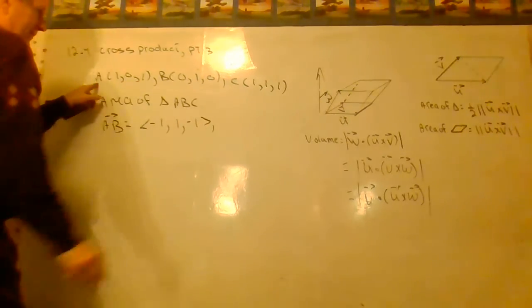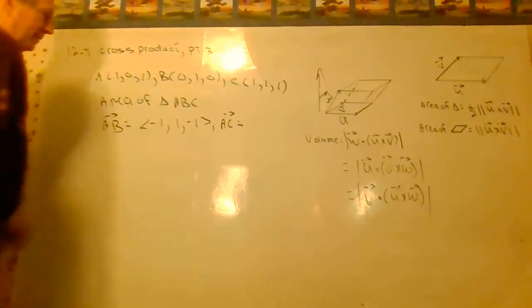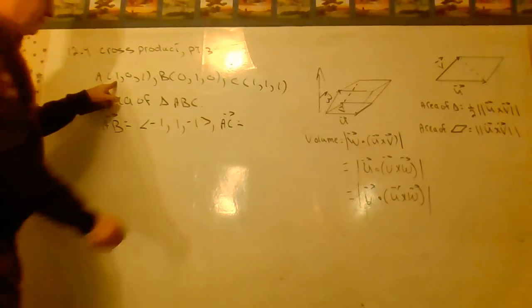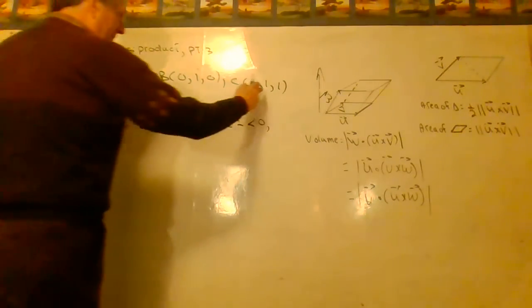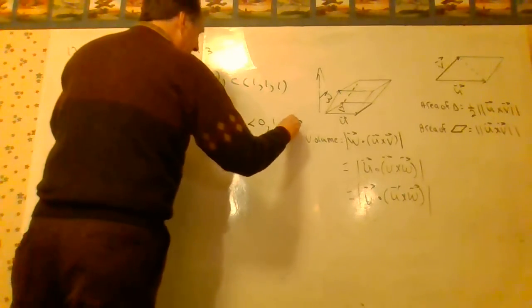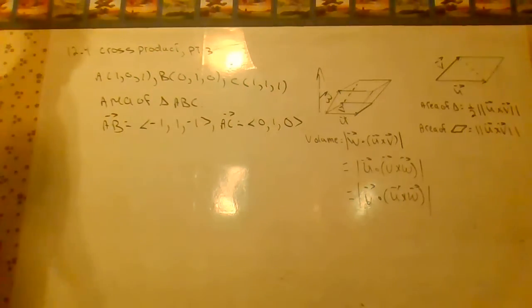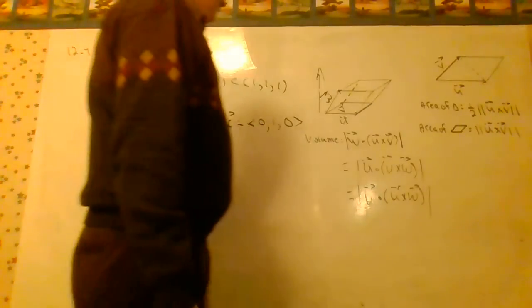And then find AC, which should start with the same point. Now we go from 1 to 1, get 0, because 0 to 1 we get 1, and 1 to 1 we get 0. And now we need to take the cross product and find half of it.